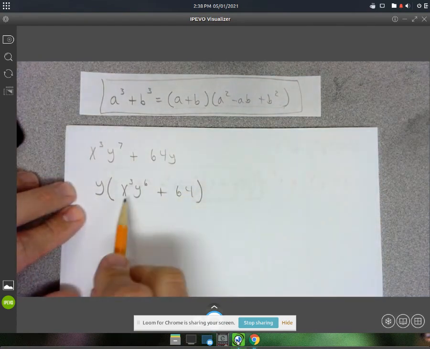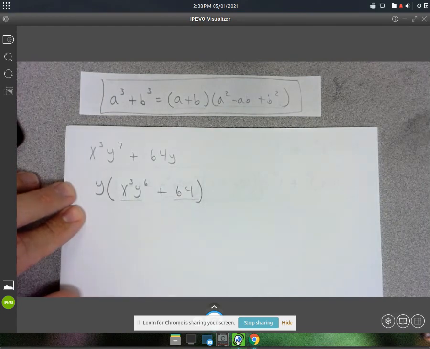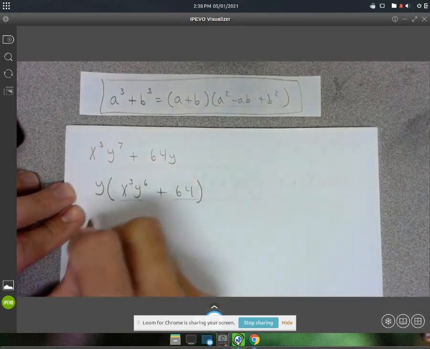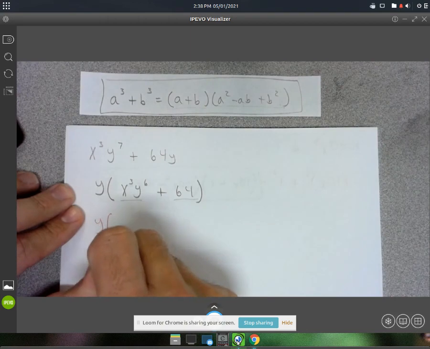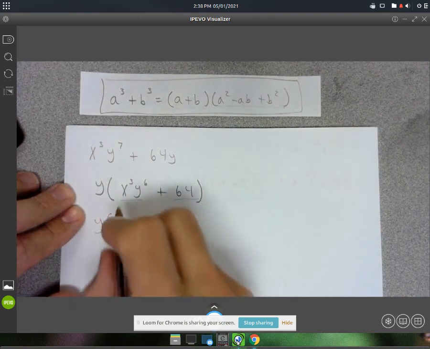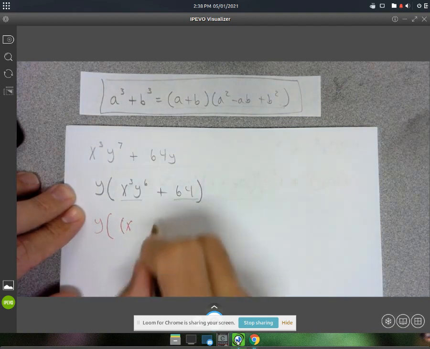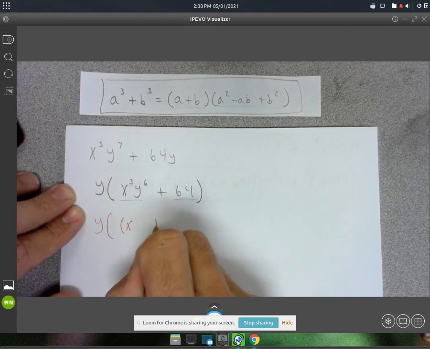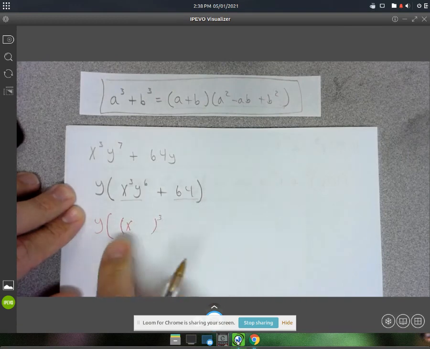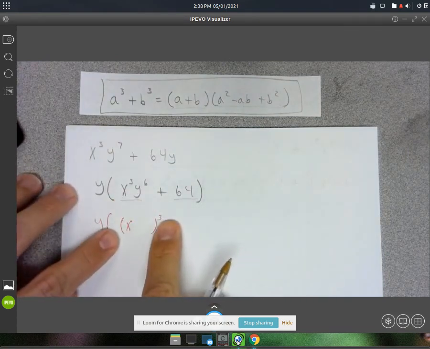And then each of these I can express as a perfect cube. So I'm going to get y. This first one, it's going to be an x, and that I can raise to the third power. So x to the third, that one's pretty obvious.